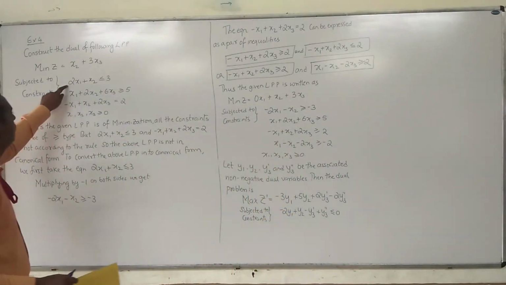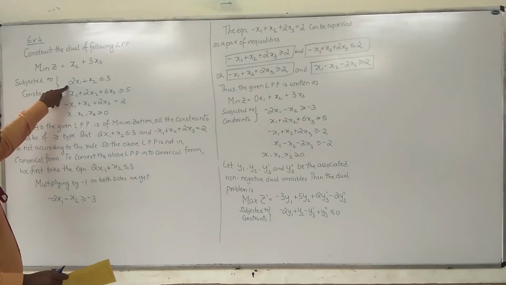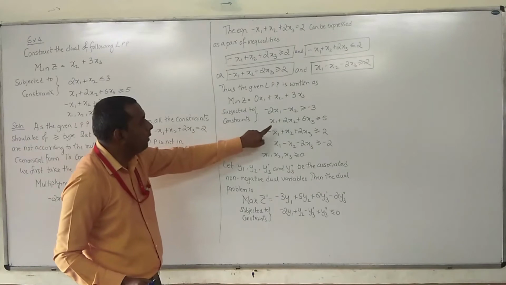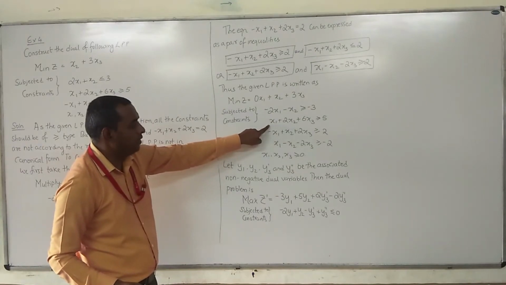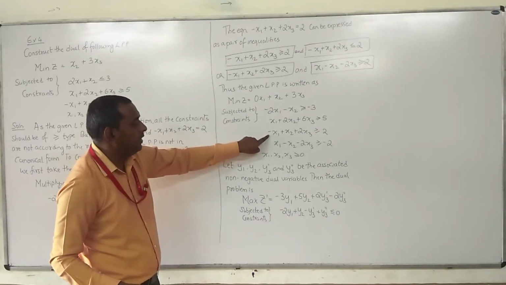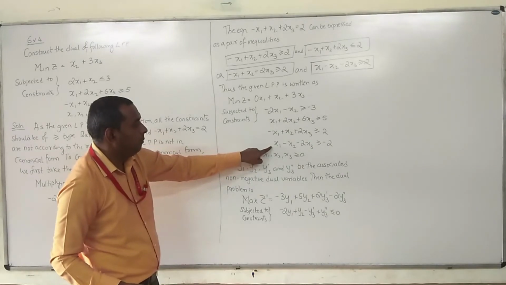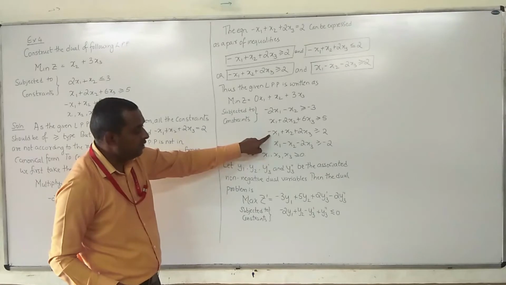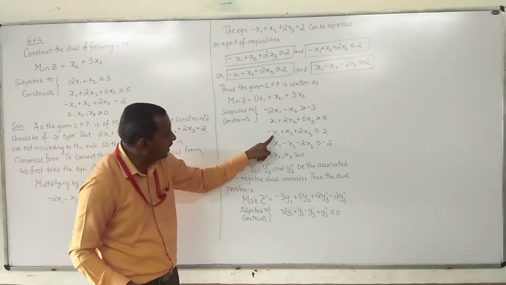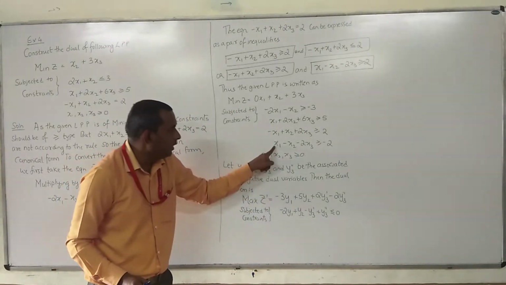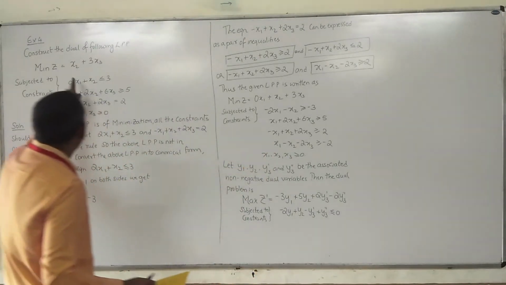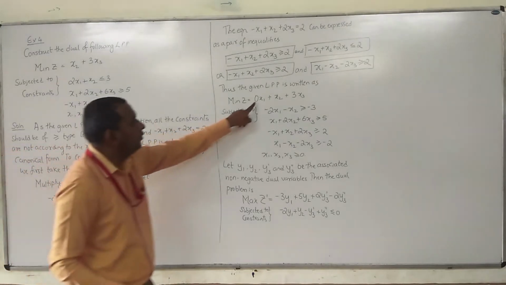So it is minus 2y1 plus y2 minus y3 dash plus y3 double dash. Fine. And here the right side is 0.